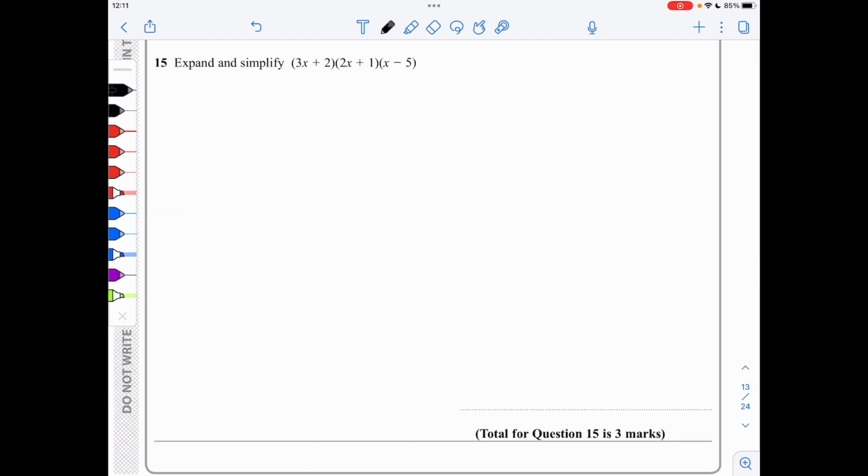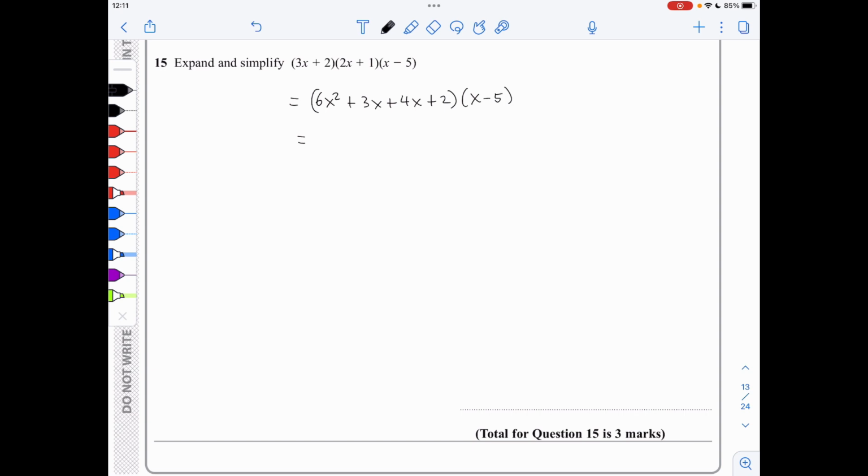In 15, we need to expand and simplify the triple set of brackets. I will start by expanding the first set of brackets. It's going to be 6x squared plus 3x plus 4x plus 2, close brackets, and then x minus 5.